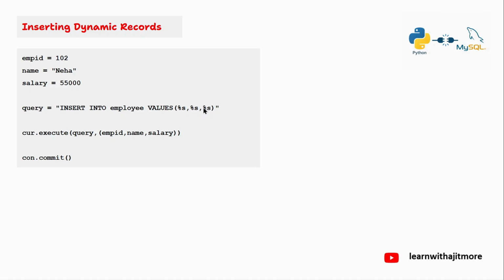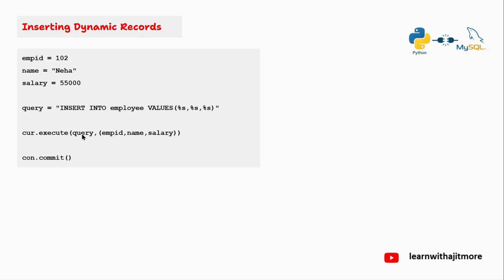These are called placeholders, meaning here the actual value is going to get substituted. So you wrote a query. Now what you have to do is cursor.execute. Till now we were just giving the query. Now we have to give the query along with a tuple of values. This is a tuple of values: employee ID, name, salary.